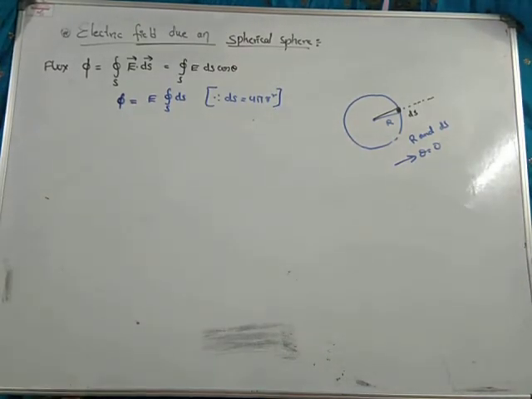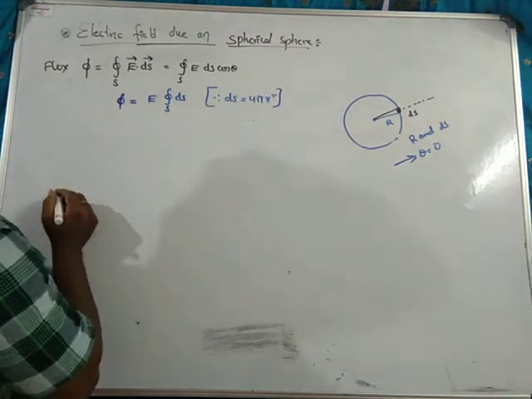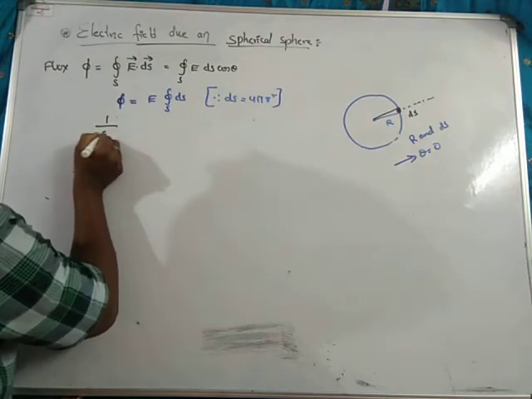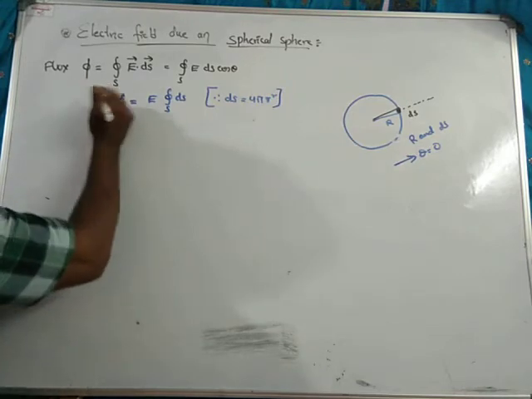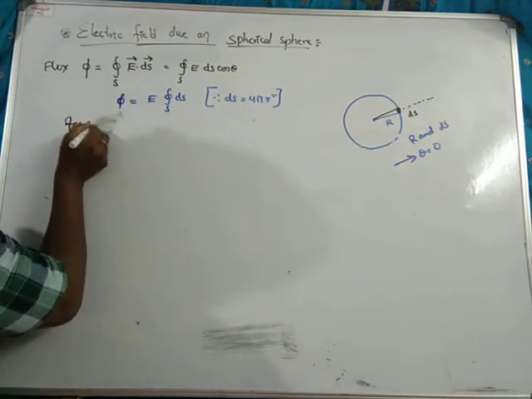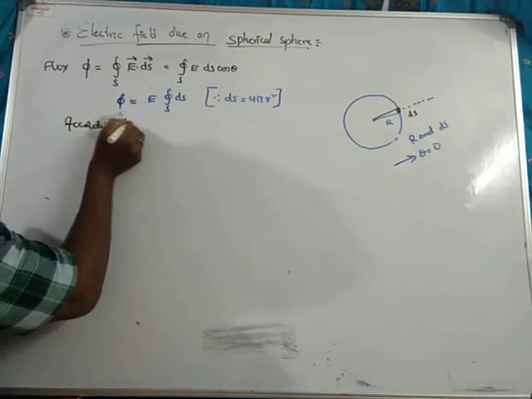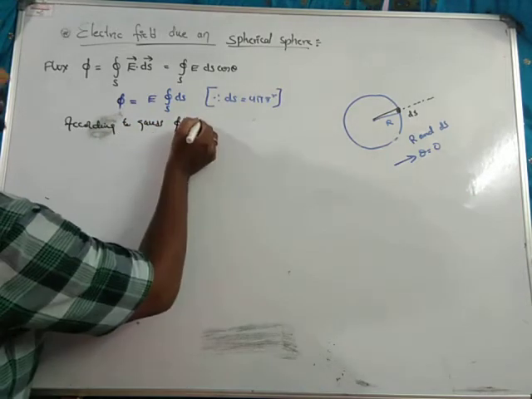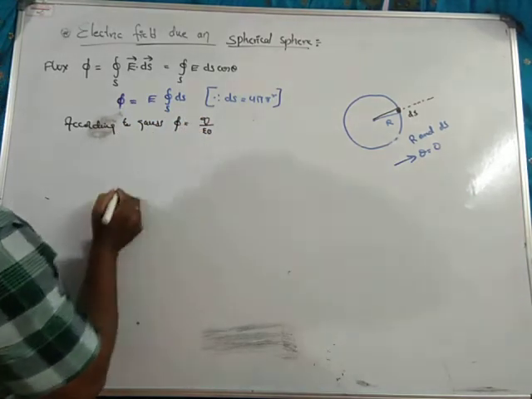So we have flux is equal to E ds. What is the value of flux? According to Gauss, flux is equal to q by epsilon naught.